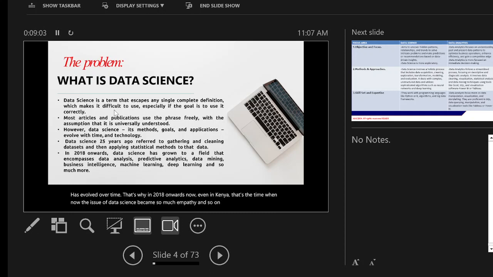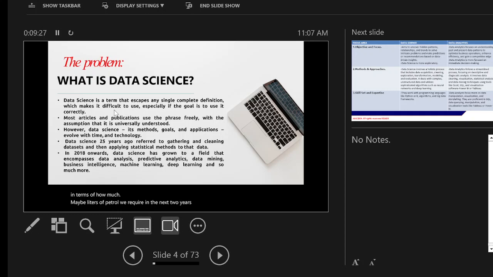From 2018 onwards, data science has grown into a field made up of data analysis, which we have defined, and predictive analytics. In predictive analytics, we are trying to forecast the future, for example how many liters of petrol we will require in the next 2 years.